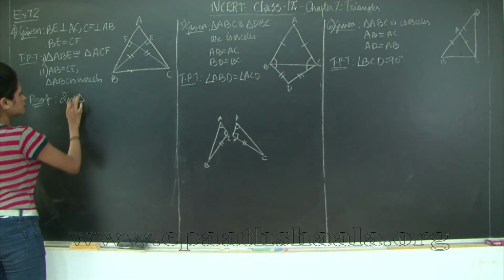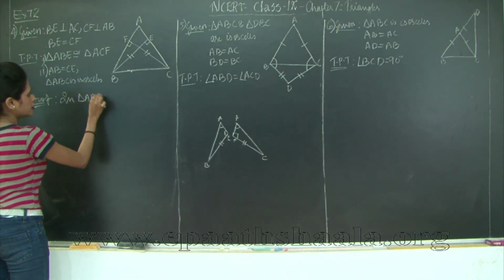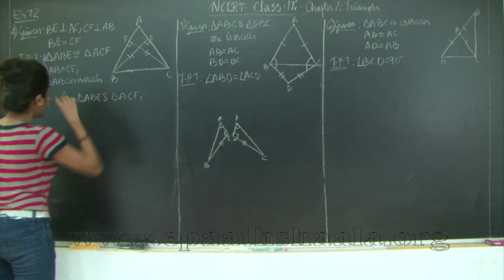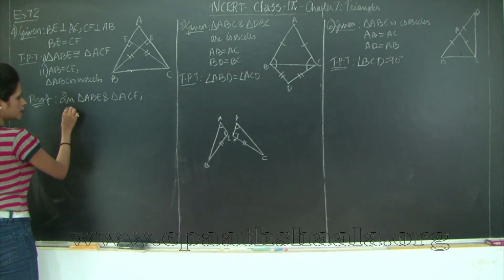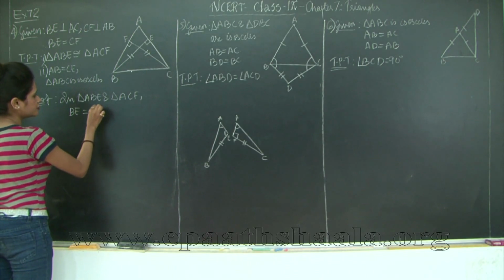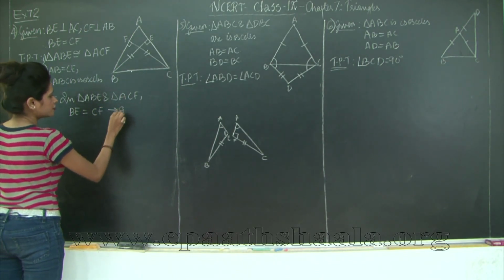In triangle ABE and triangle ACF, I have BE is equal to CF, which is given.